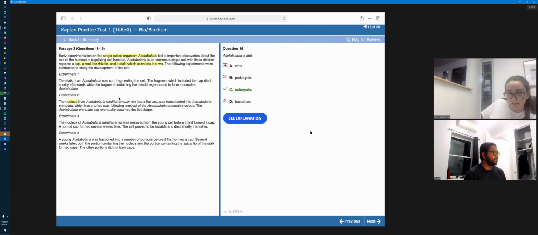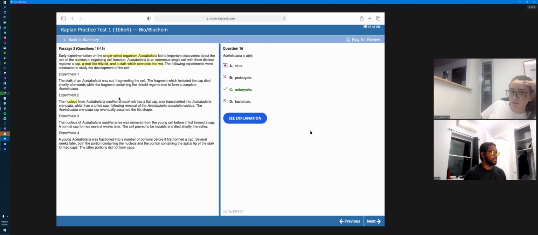Cut A before cap. Both the portion containing the nucleus made a cap, and so did the part that has a stalk.